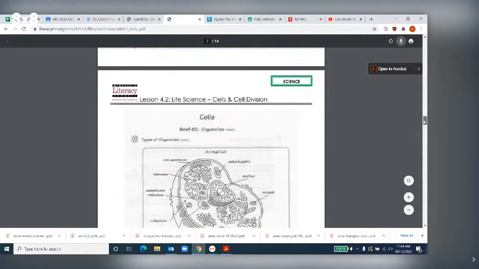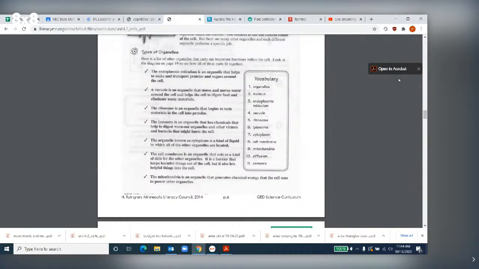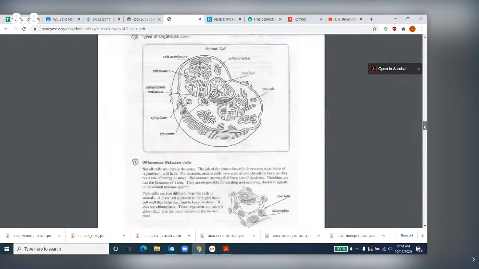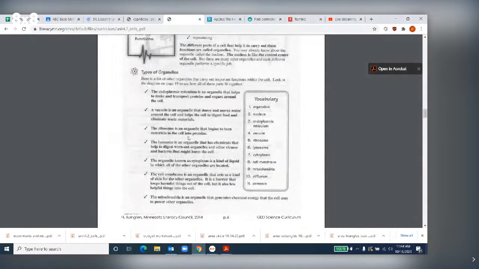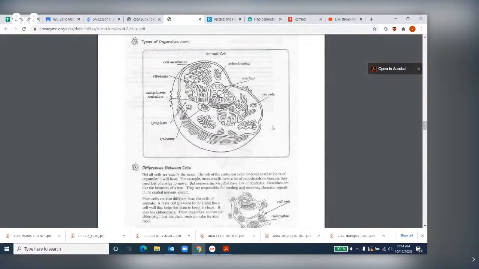If you want to review what each of these things do here, it'll help you understand, because each part of the cell has a function, and it talks about their functions right in here. And then you can see a picture of the cell right here. So like I said, this diagram might come up on the science part of the test. I don't expect you to memorize it, but just be familiar with it.